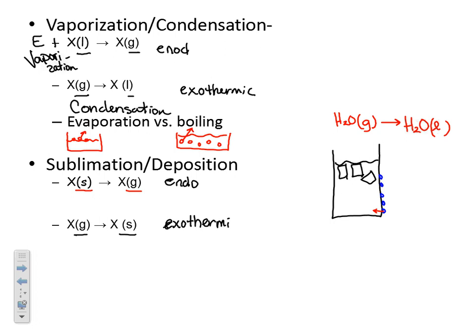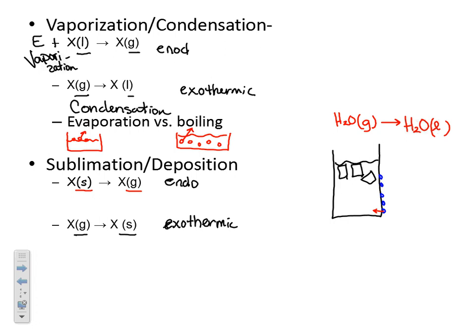Things that sublime, dry ice. If you get a piece of dry ice, it will automatically sublime. We will never see liquid carbon dioxide at room temperature and pressure. That does not mean it cannot exist, but under room temperature and pressure conditions, we won't see any liquid carbon dioxide.